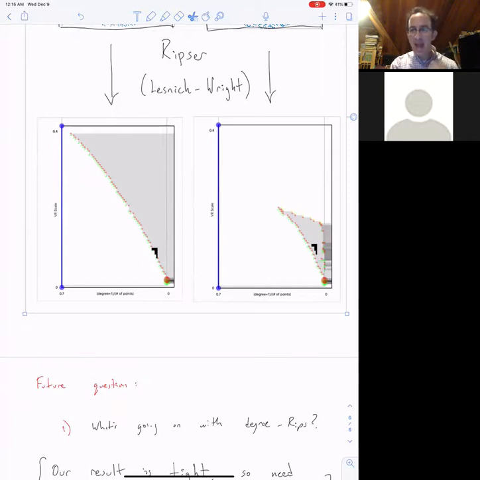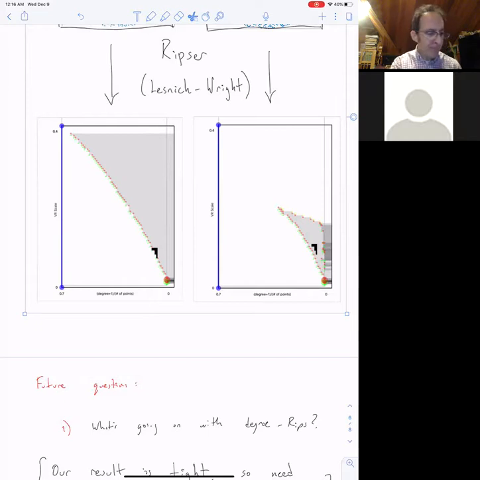That's not a very strong stability result. But we can prove that, generically speaking, this kind of stability result is tight. So what I want to leave you with is that we have these probabilistic stability results in this context, but these raise as many questions as they answer. One thing you might want to know is what is going on with degree Rips.